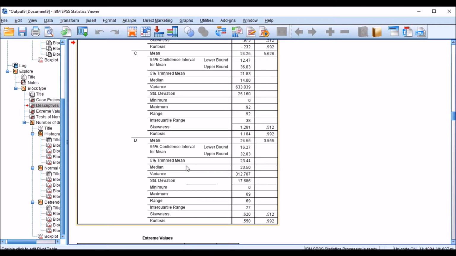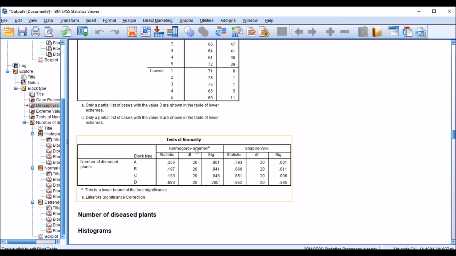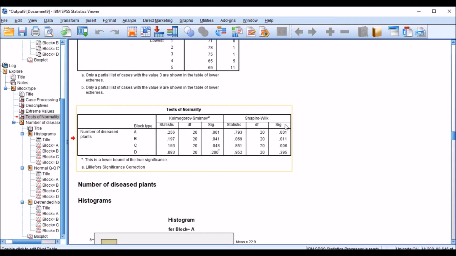But the main thing is whether the data is normally distributed or not. This is important. To know this, we need to go for the test of normality. This is a table called the test of normality, where we have the Kolmogorov-Smirnov test, with significance values given for each block.